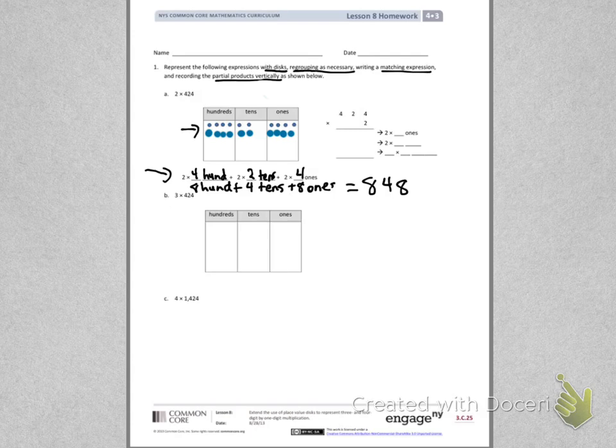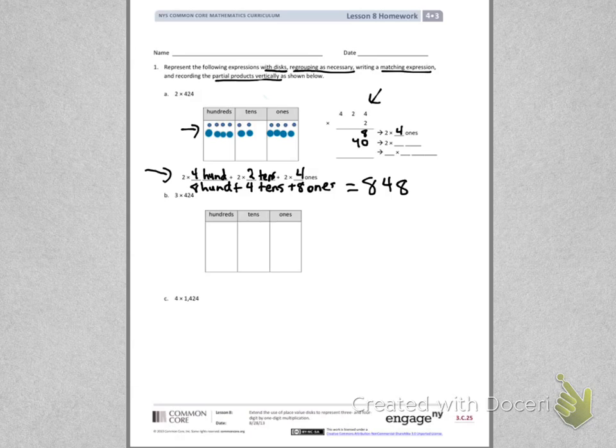So let's look at the vertical partial products right here. 424 times 2. You're first going to want to multiply your ones together. That leaves you with 8. And that is 2 times 4 ones, as we just wrote in the expression below the place value chart. Next you have 2 times 20, which is 40.